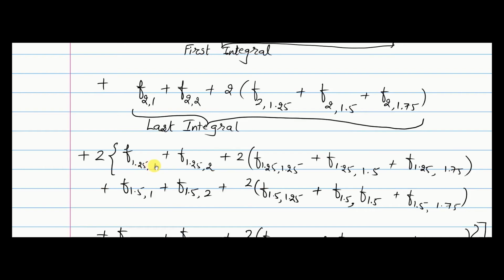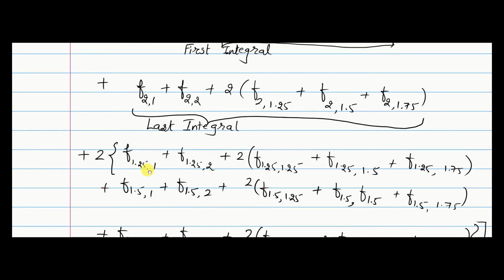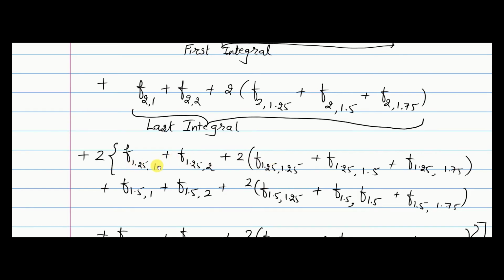So f(1.25, 1) plus f(1.25, 2), again this 1 and 2 are the first and last terms. So the remaining entries will be twice. So 2 times, again 1.25 is fixed, and instead of this 1 you will have 1.25. Now again take an increment, so you will have f(1.25, 1.5) plus f(1.25, 1.75). It will be the increment here, 1.5 plus 0.25, that will be 1.75.